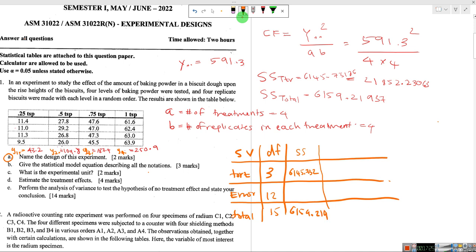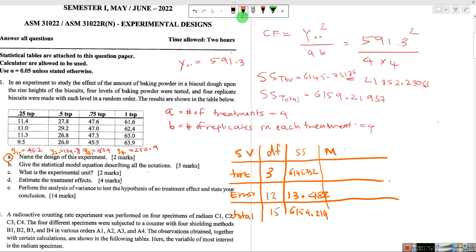Okay, right. Now the error term is 6159.219 minus 6145.732, which is 13.487, right? So that is the value.